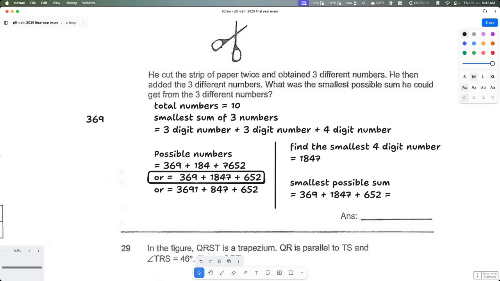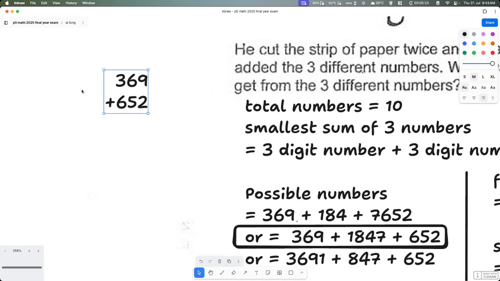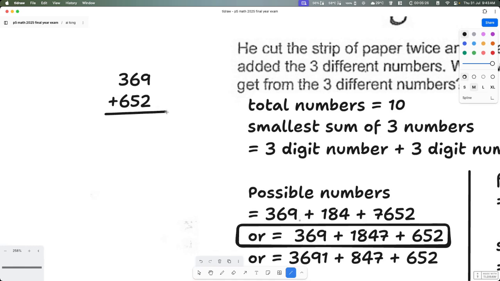369, let's add 2 up first, 369 and 652. Okay, so it's a bit safer. So 9 plus 2, this will become 11. So we're going to put 1 over here. So 6 plus 5 is 11 as well, but plus 1, this will be 12, so put 2 and carry 1 over here.